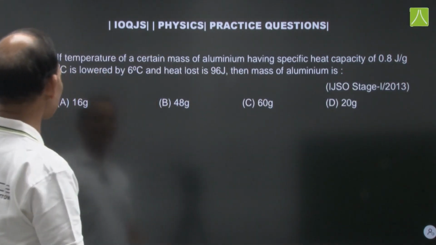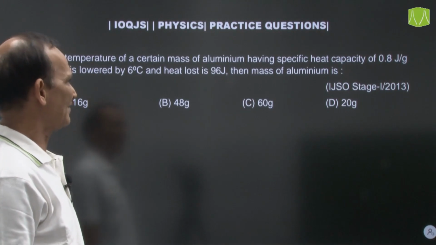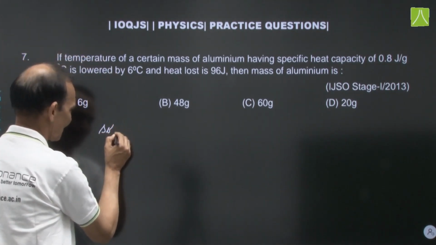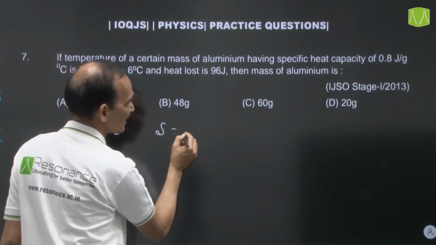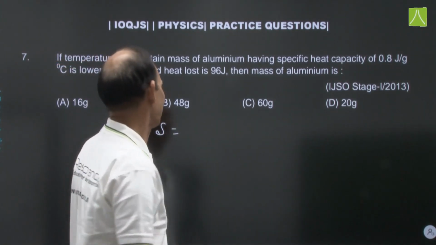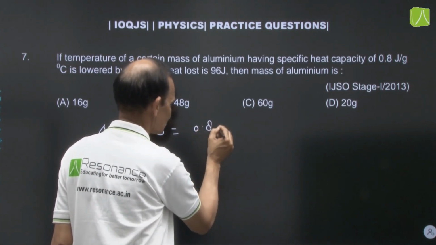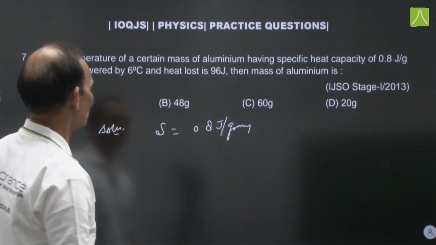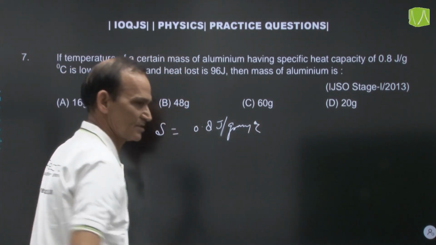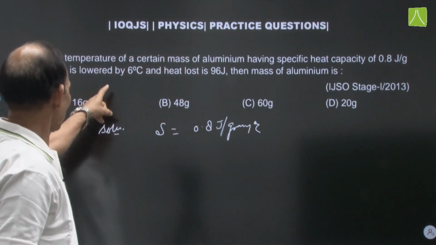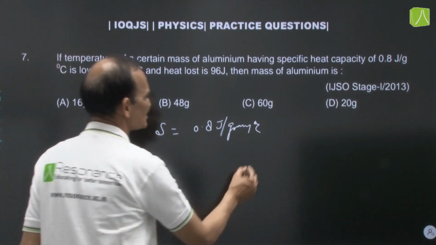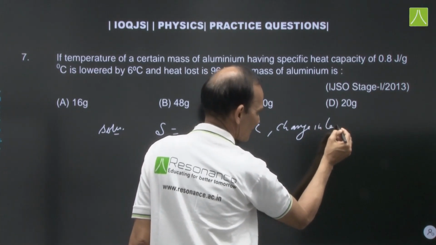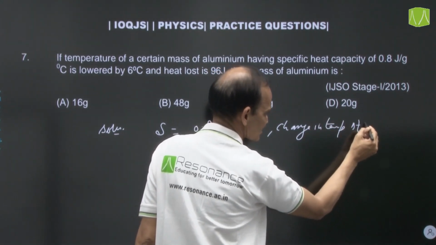The 7th question is, if the temperature of a certain mass of aluminium having specific heat S, that is 0.8 joule per gram degree Celsius, is lowered by 6 degree Celsius, the change in temperature delta T is 6 degree Celsius.